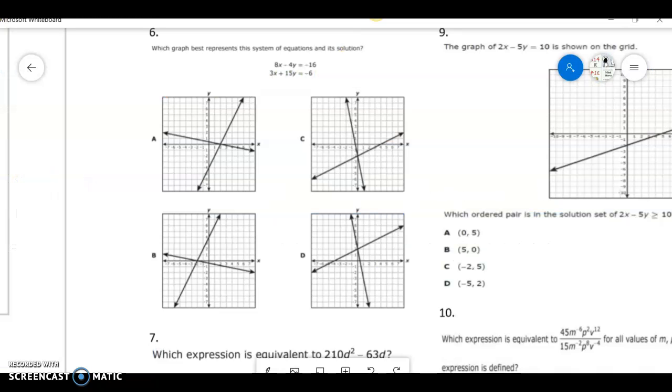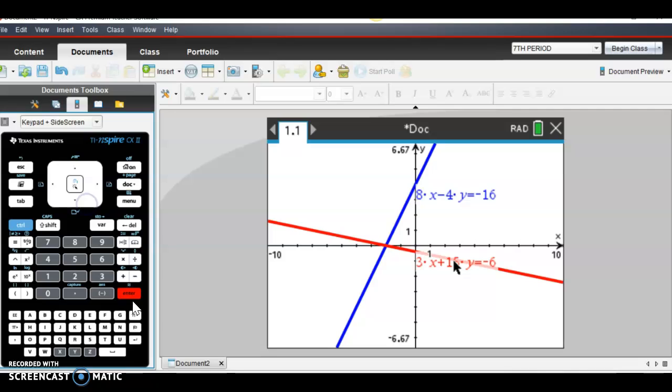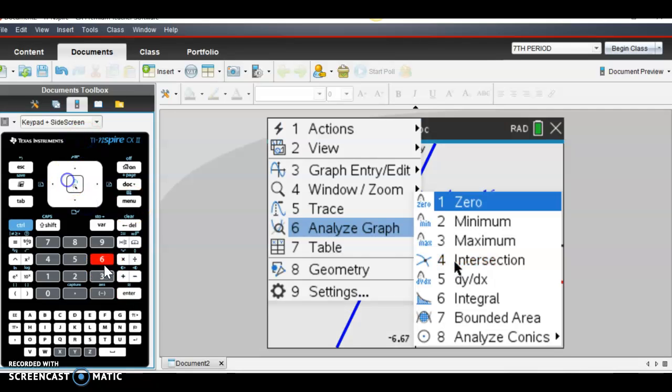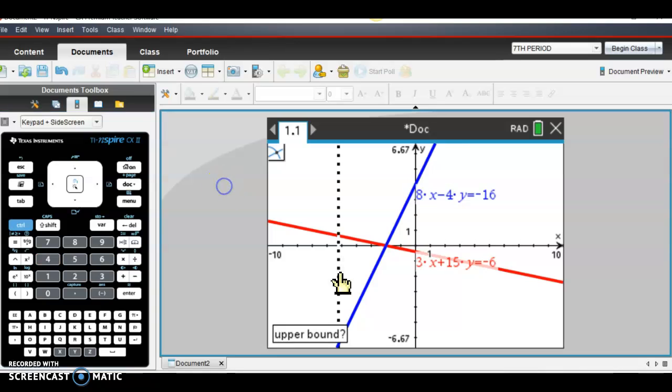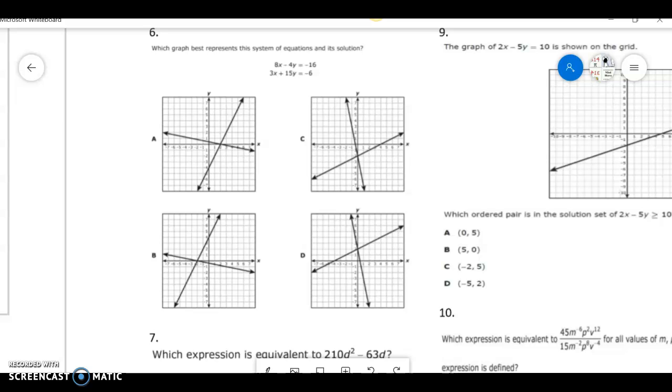We're going to hit tab, and then it says 3x plus 15y equals negative 6, and then menu 6, 4 will tell us our point of intersection, negative 2, 0. So I'm going to write here negative 2, 0, and I'm going to look. Well, this is 0, negative 2, positive 2, 0, negative 2, 0, positive 2, 0. So it's going to have to be B.